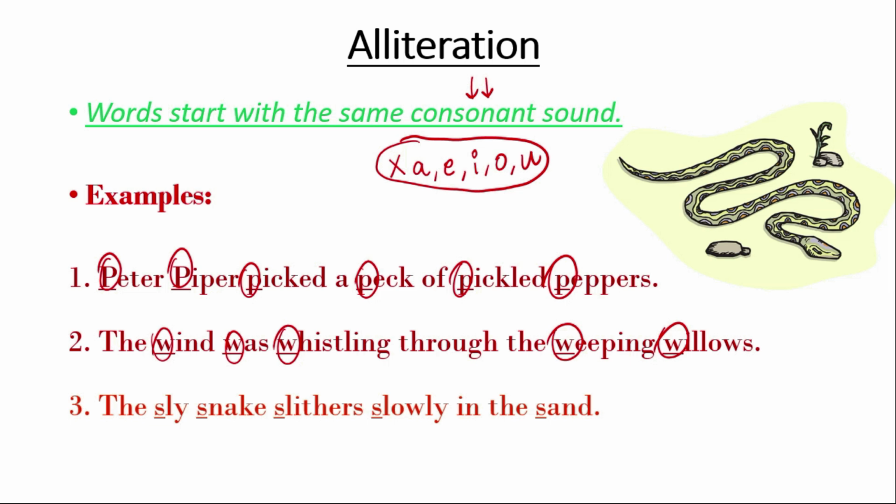The sly snake slithered slowly in the sand. The S sound it is making in most of the words. So this is called alliteration. So usually there are three confusing ones. One is alliteration, one is allusion, and the third is assonance. So we completed assonance. Now we learned what is alliteration.